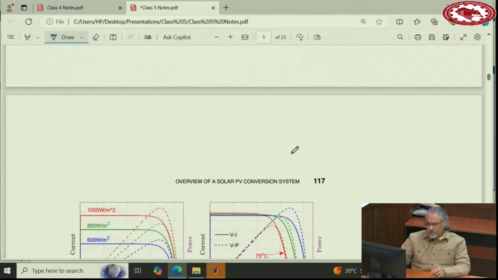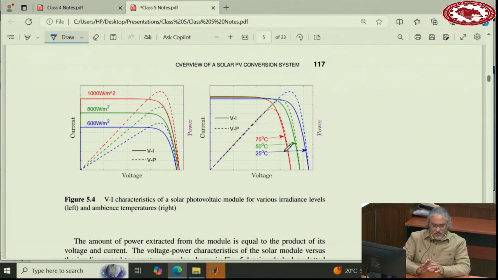Now, this characteristic is a function of two main parameters. One is the irradiance. Obviously, if the sun is stronger, the current and the power are more, almost linearly. You see, when you go from 600 to 800 to 1000 as far as irradiance, then the characteristic goes up and the power goes up almost in proportion.